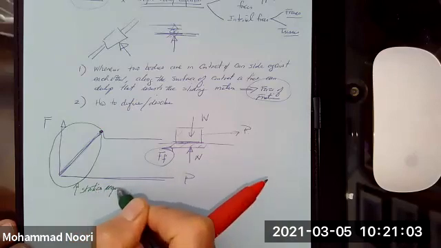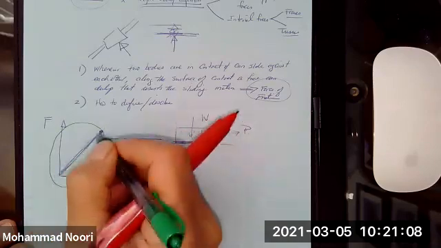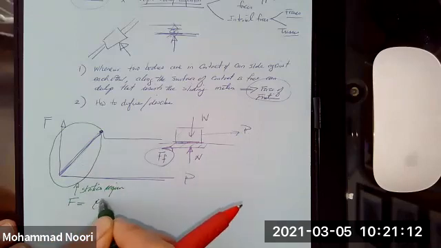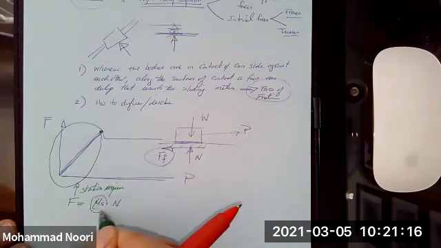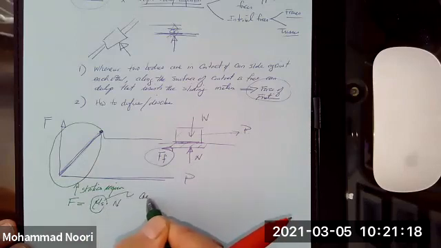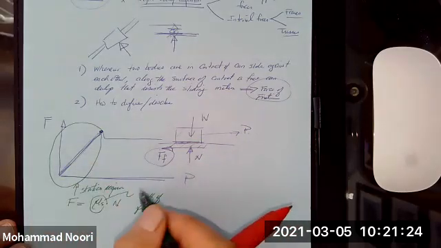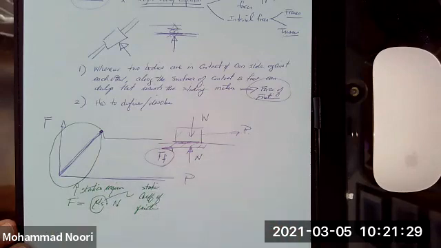And we say that the force that develops is equal to a constant value times this normal force. And this is called coefficient of friction. Since static equilibrium exists, we call it static coefficient of friction.